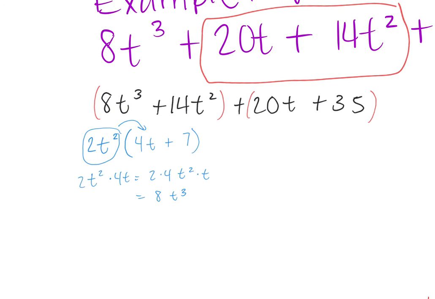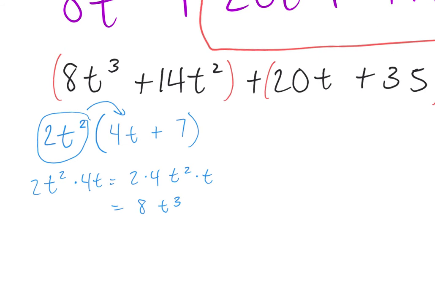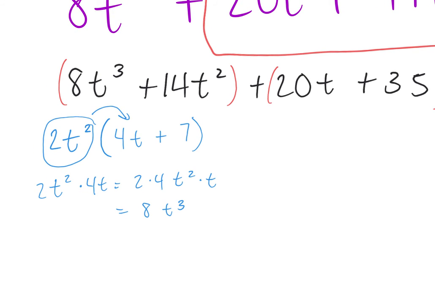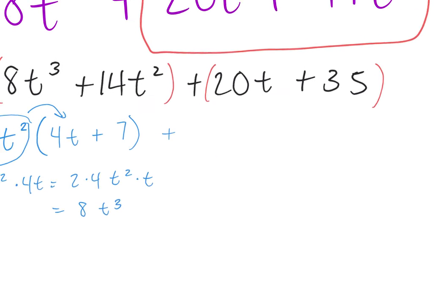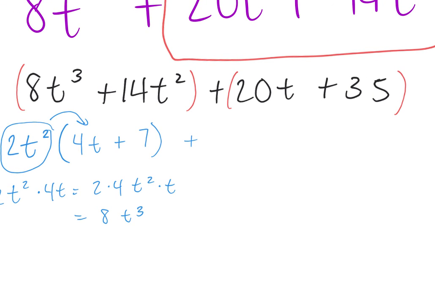My second terms. So this is going to be plus. What can I pull out of a 20t and 35? Someone other than Roy. Does anyone see what's a common factor between 20t and 35?